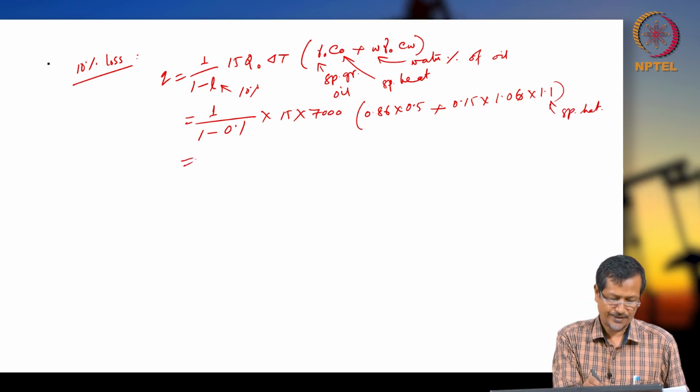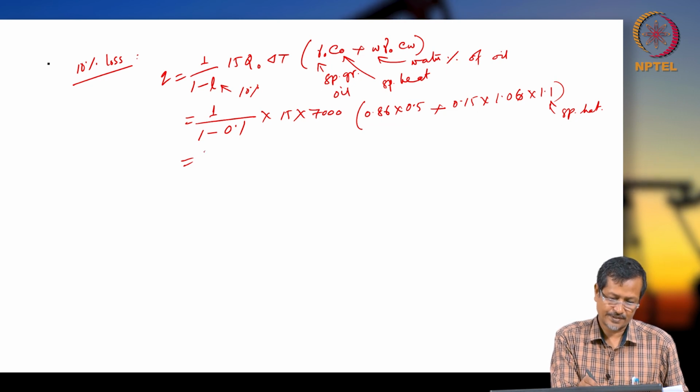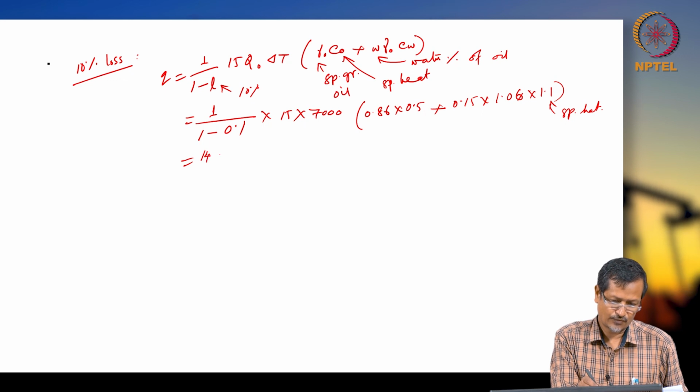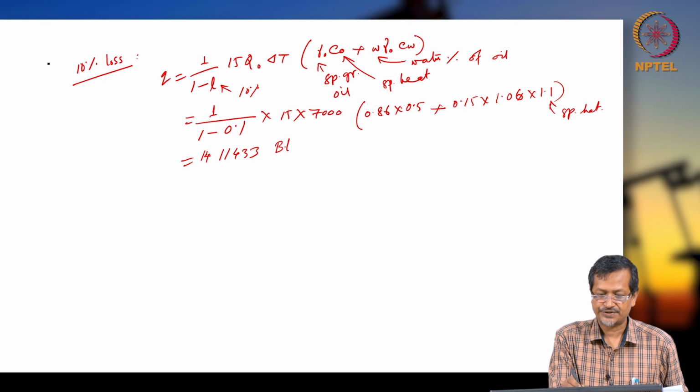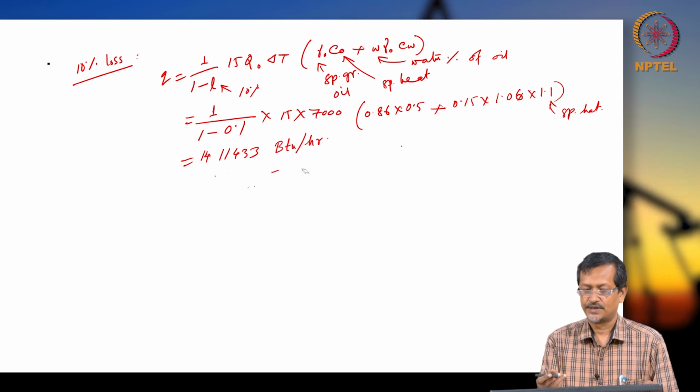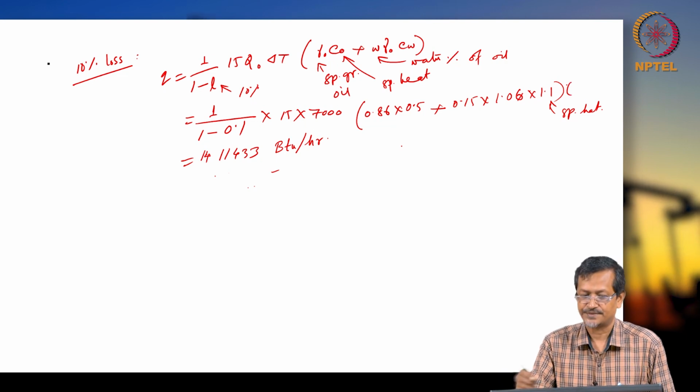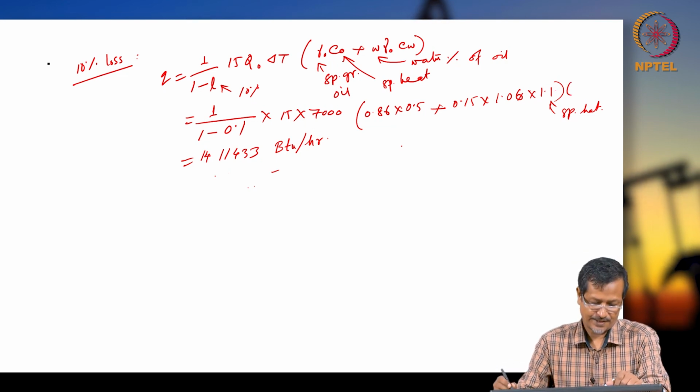So finally this result will be 1.1411433 British thermal units per hour. So in this problem actually I missed something, delta T. Delta T is 105.